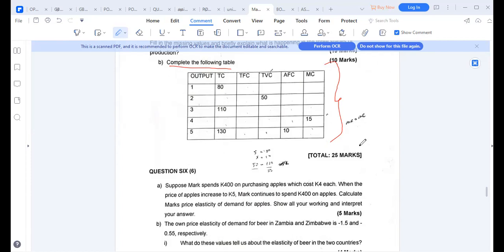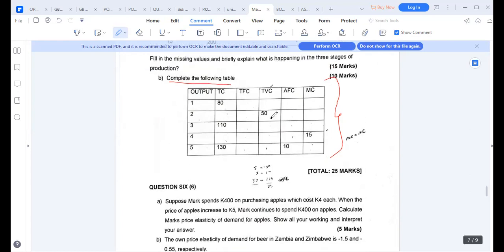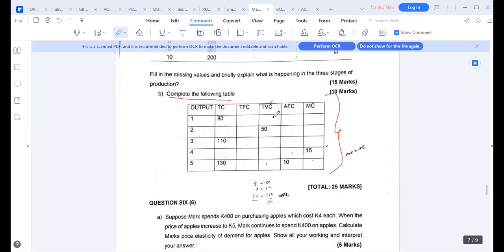Who wants to try? So we know that this was found by adding this and that. So we need to complete this table.